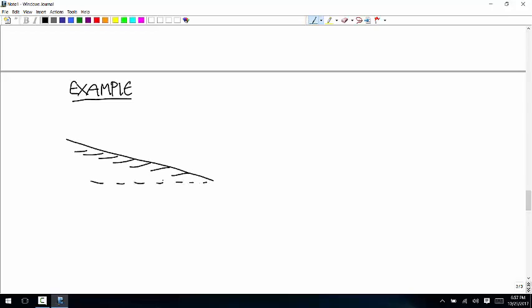So let's say this angle is 10 degrees. And this box is 2 kilograms and it's sliding down.